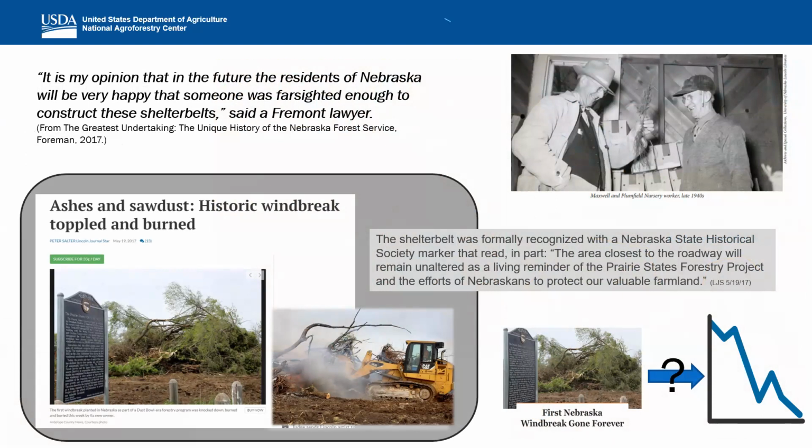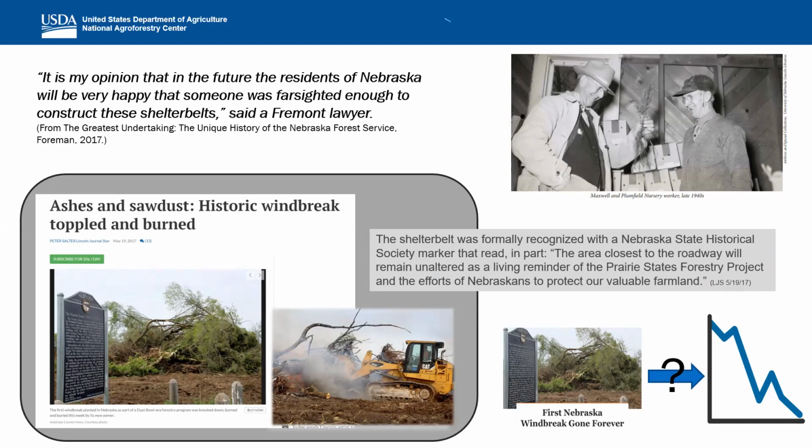Well, in the photo down below, in 2017, Nebraska's first windbreak was removed by a new landowner. And there was a historical marker there noting this, and the picture of the trees next to the landmark is just very striking. It elicited a fairly strong response in some circles and from the locals.